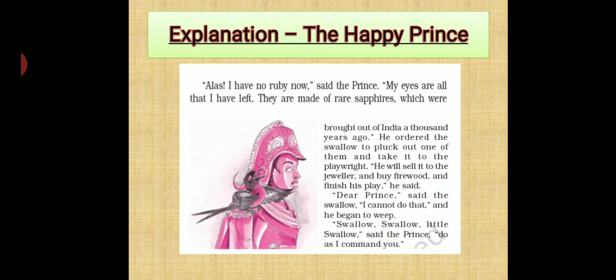Sapphire represents the eyes of the Happy Prince. "Swallow, swallow, little swallow," said the prince, "do as I command you." So now the prince is saying that, please do that as I am giving you the order. And the swallow did what he had told him to do.